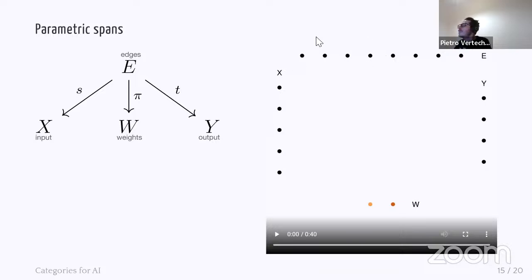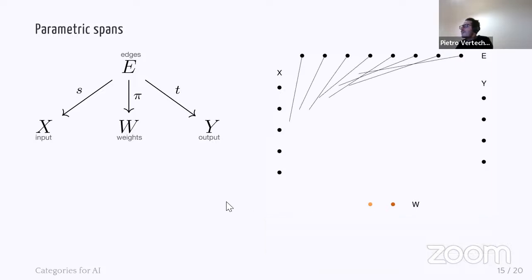So E is this space here. I represent this as a few dots. These are input X. This is our output Y. And this is the space of weights. I'm representing the values of the weights with color that varies on some predefined color scheme, and I've initialized them at random.